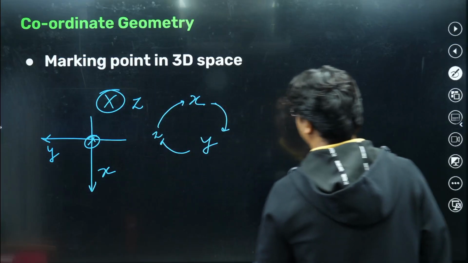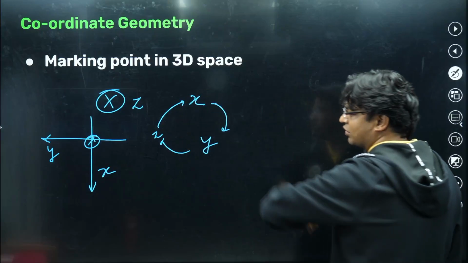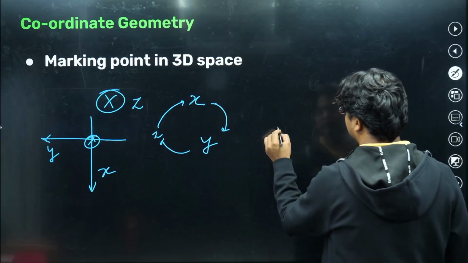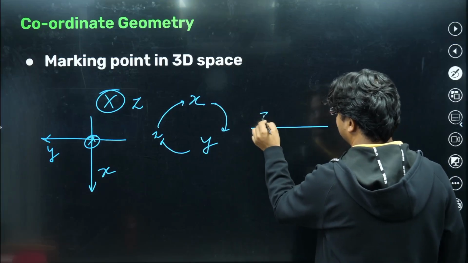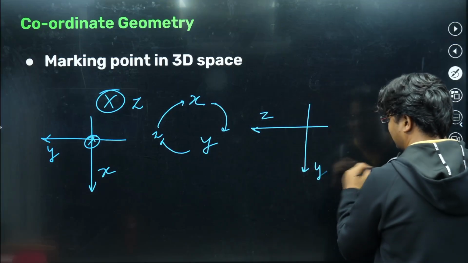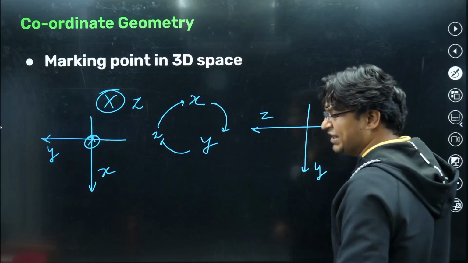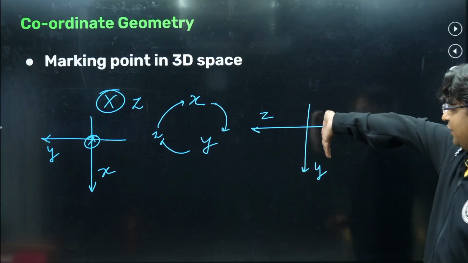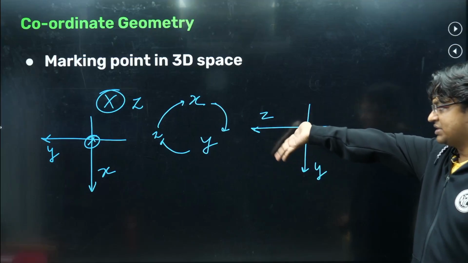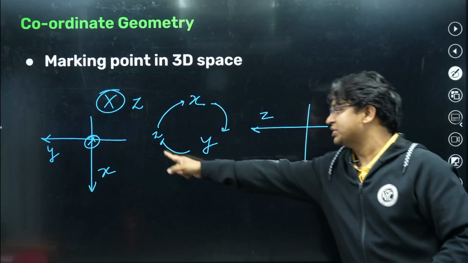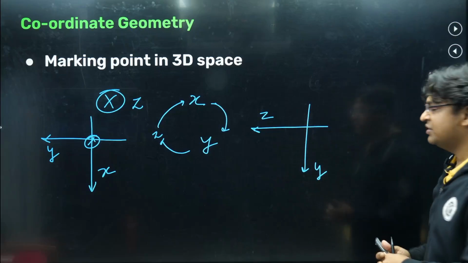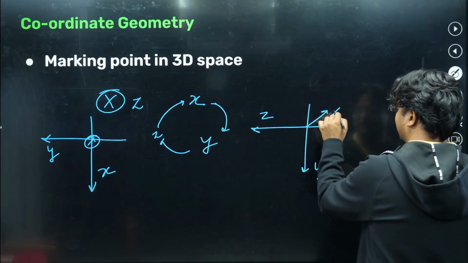I'll demonstrate. Remember this diagram, x, y, z in clockwise direction. Suppose I choose z in this direction and y in this direction. Now I ask where is x-axis? I will start from y, I will turn my fingers towards z, y to z, and thumb is inwards. So in this diagram, x is inwards.